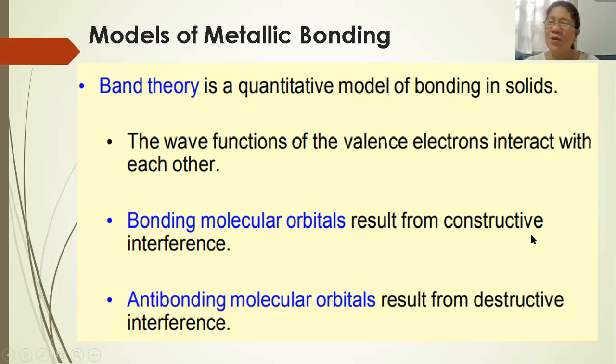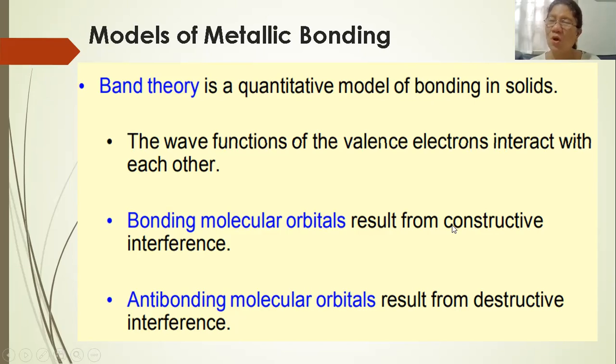If you hammer it and there is constructive interference, meaning it deforms, what kind of orbital is that? That is bonding molecular orbitals. Bonding molecular orbitals result in constructive interference. It just gets flattened, not destroyed. What happens when there is destructive interference? That is known as the anti-bonding molecular orbital.